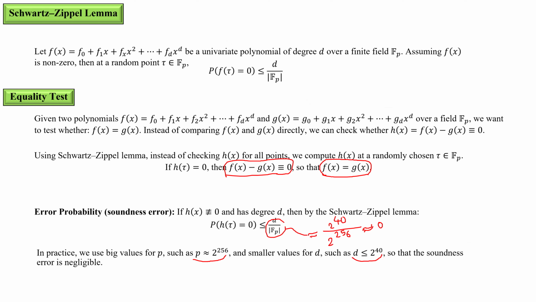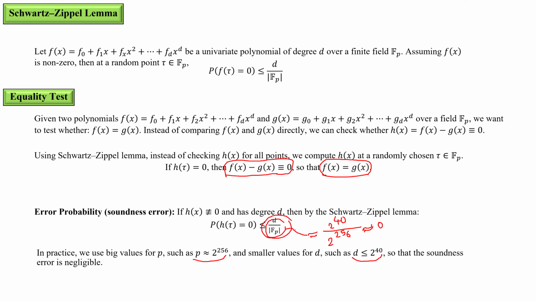If h of tau equals 0, then you can conclude that f of x equals g of x. So this equality test works in situations where this probability is so small, which means that the degree of the polynomial over the size of the field is a very, very small value.